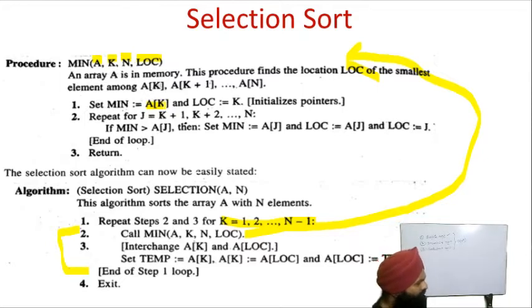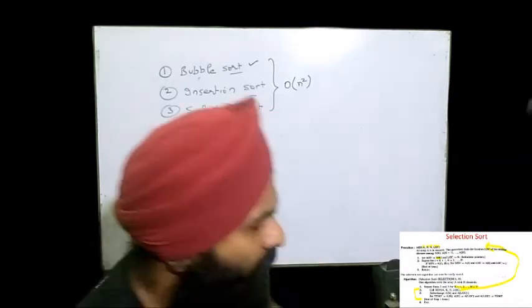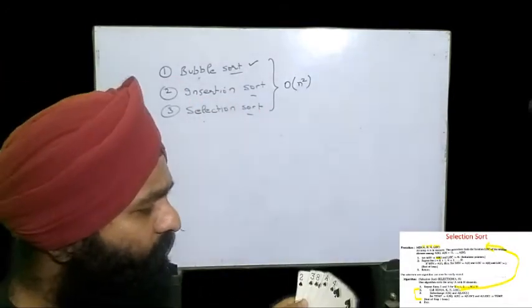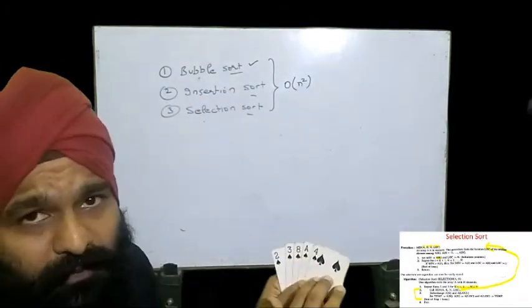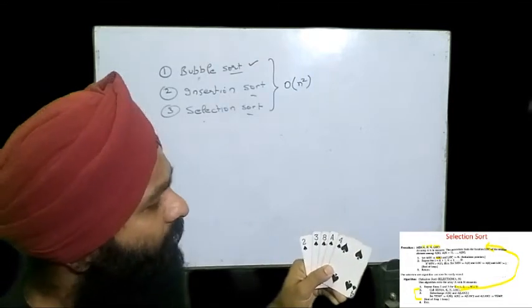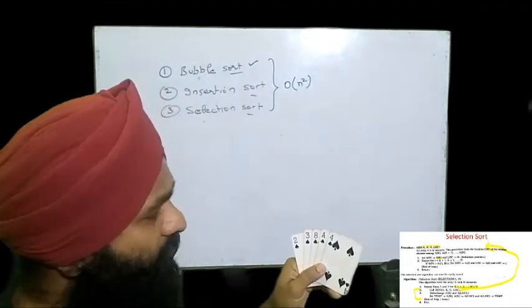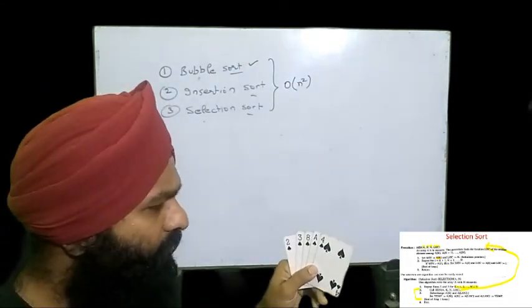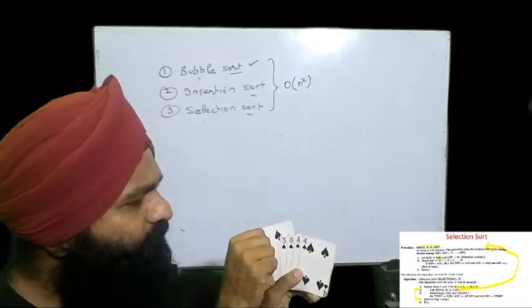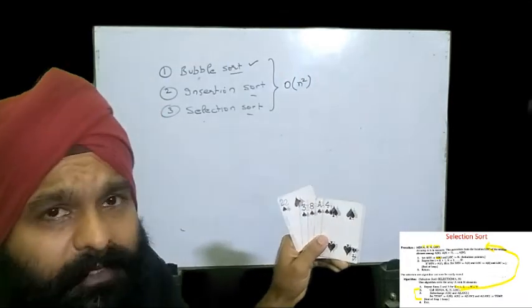So let's consider this scenario. How are we going to choose the minimum? That is the procedure which we are going to learn now. So here I'm considering that the first one, this one, is the minimum value.